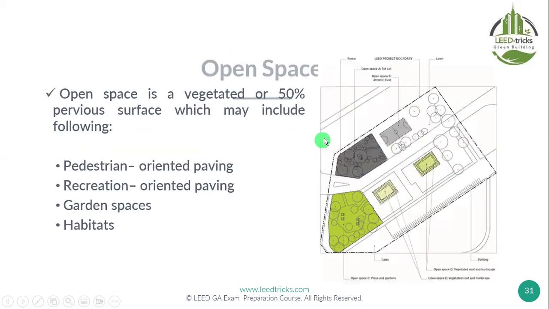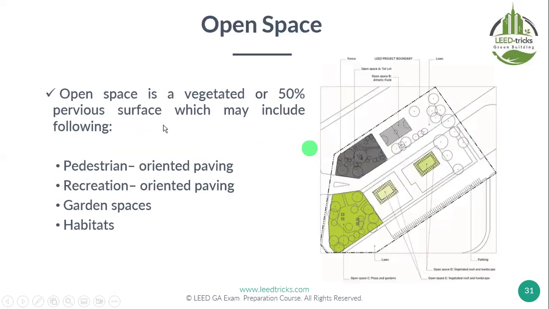Strategies for open space. First, what is the definition of open space in LEED? Open space is vegetated or at least 50% pervious. What does 50% pervious mean? I have hardscape, and I have areas with green and so on, but at least 50% is pervious, meaning areas that can naturally infiltrate water.